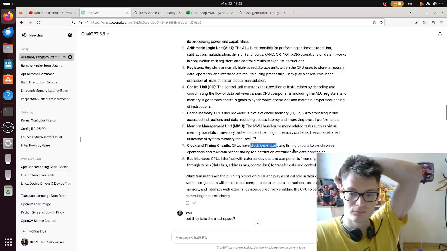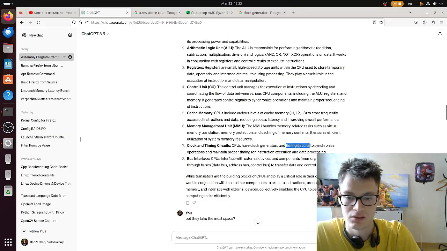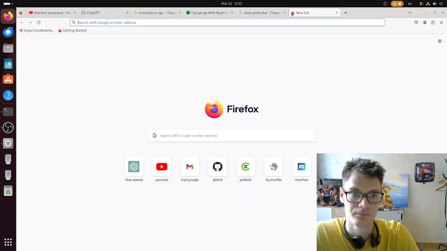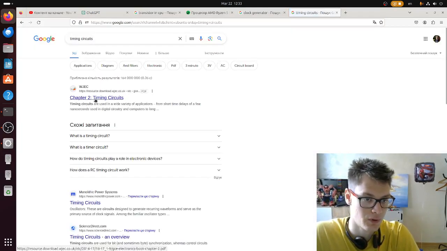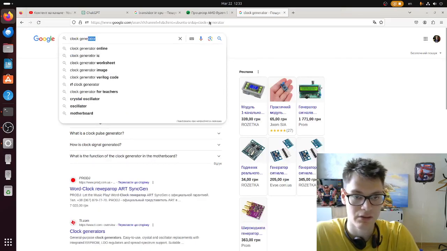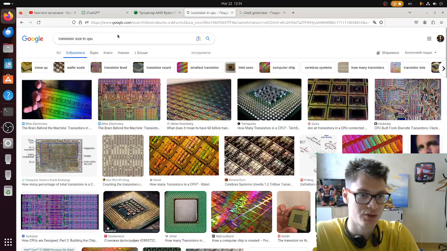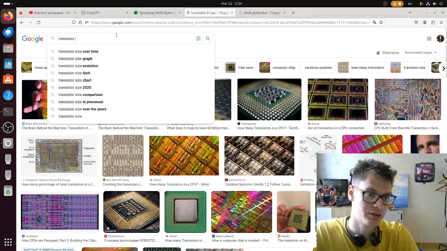Timing circuits. I don't think timing circuits are great stuff. Okay, so first, what is a transistor? Just a simple transistor.